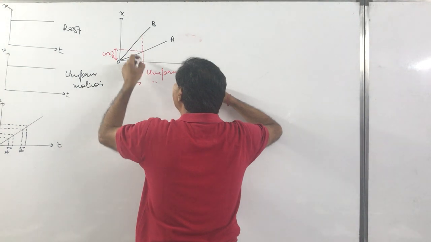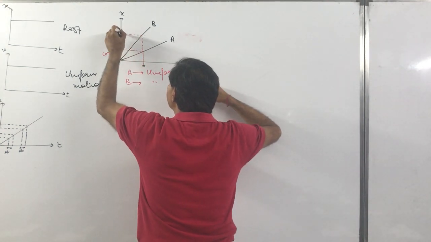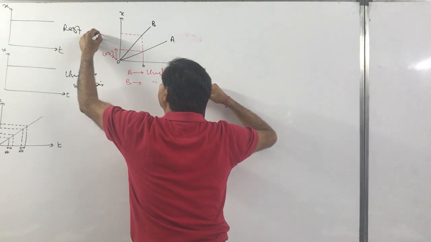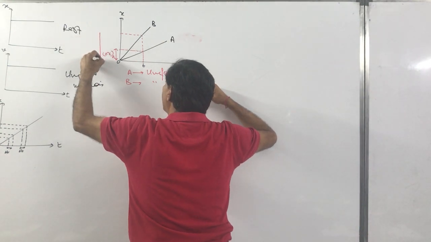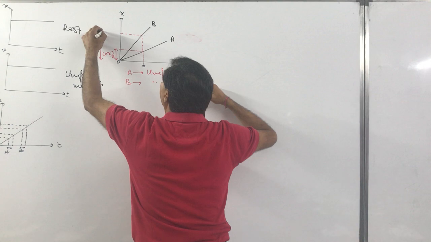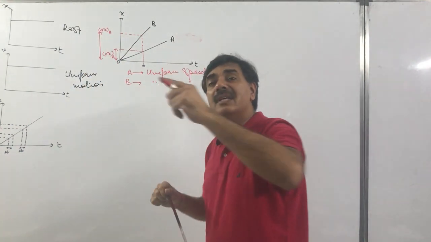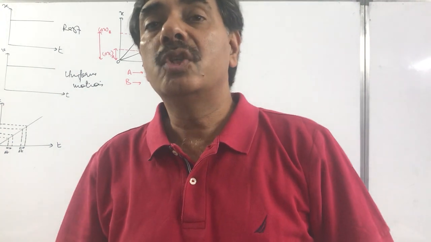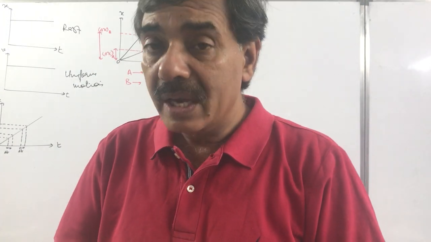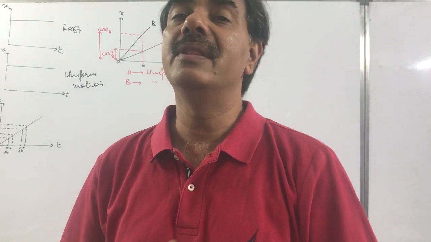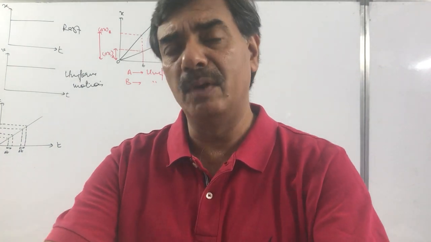At the same time, the position of B is this. This means that this is now delta x for B. In the same time, the change in position of B is more. It means the distance traveled by B in the same time is more. It means speed of B is more.